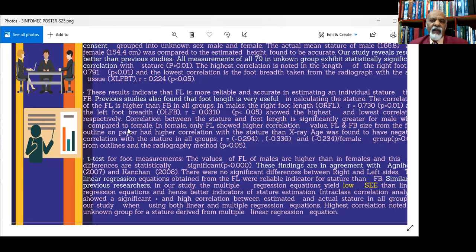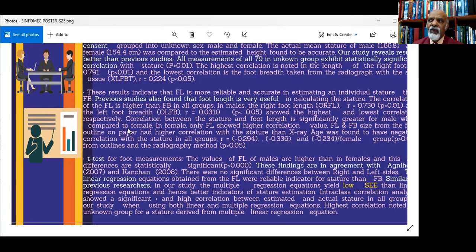And the third important point is there is no significant correlation between the right side and left side with the measurement of the stature. And also there is not much correlation with the age. These are some of the solid findings that we found out from here.